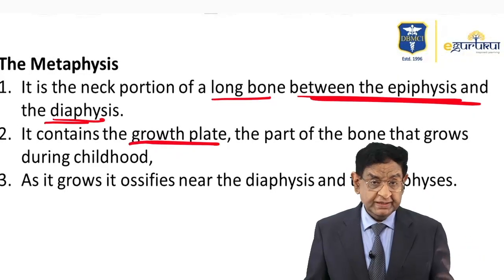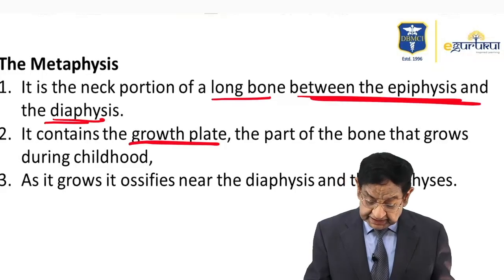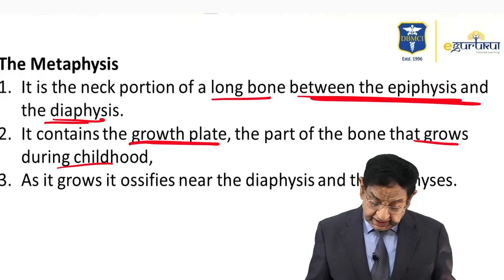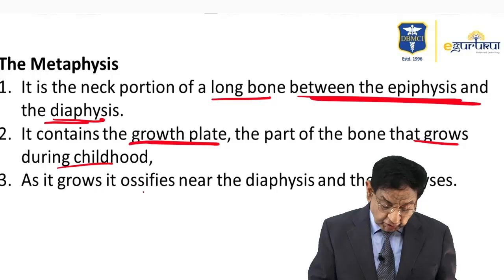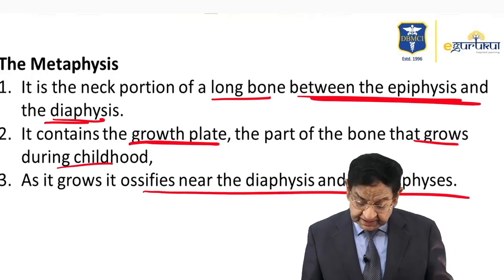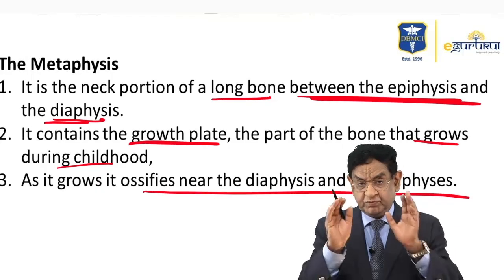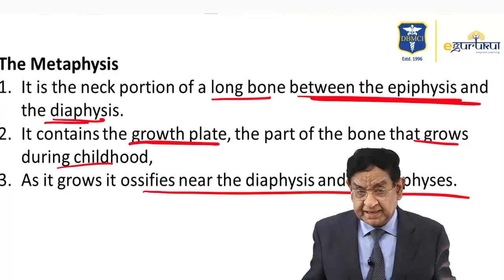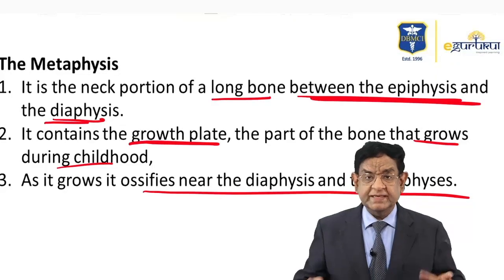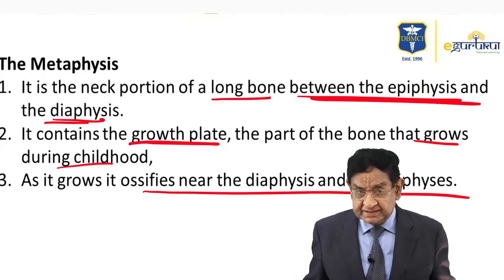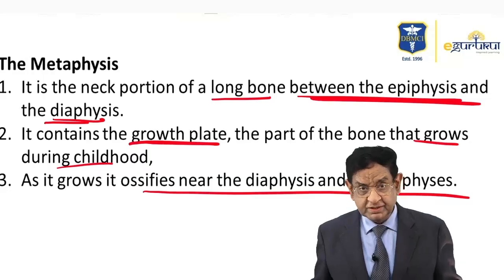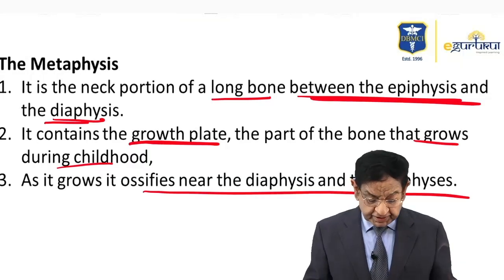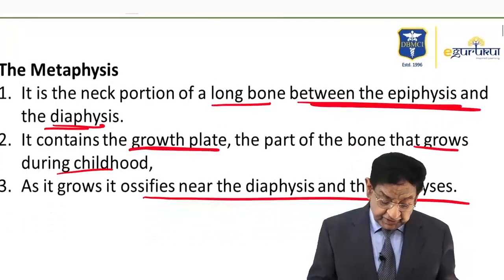It is this part that grows in childhood, and as growth occurs, it ossifies near the diaphysis and the epiphysis. That means whatever extra bone is made by the growth plate gets ossified, and this is how bone growth occurs.